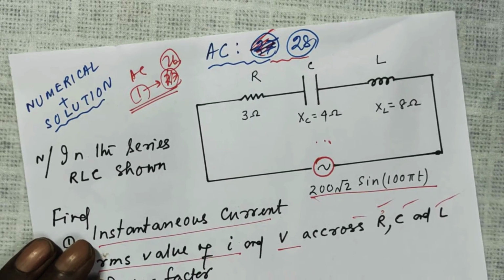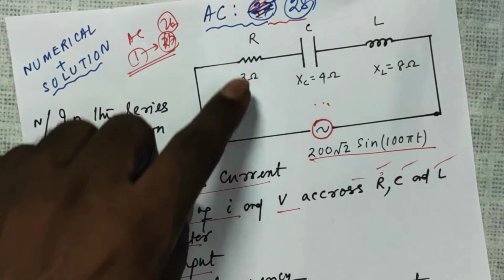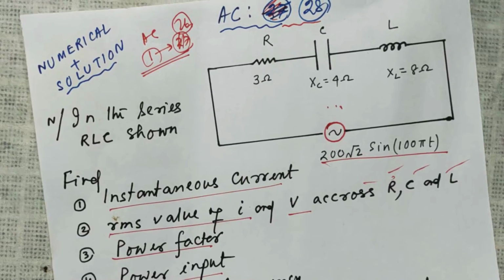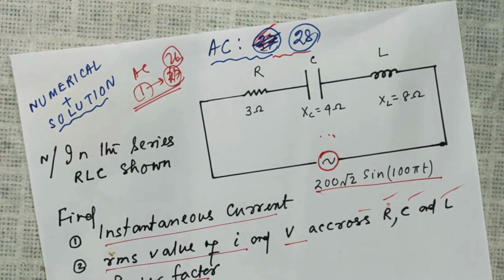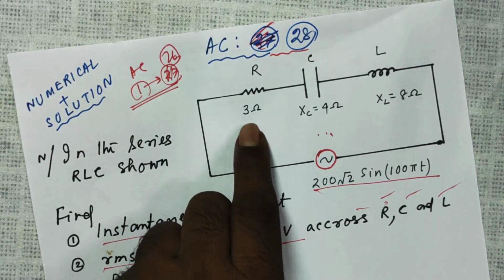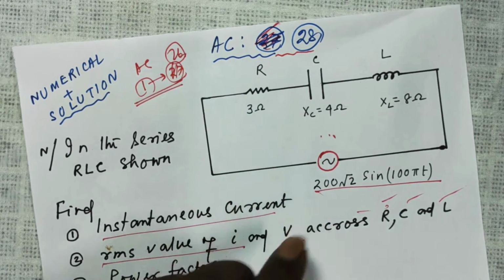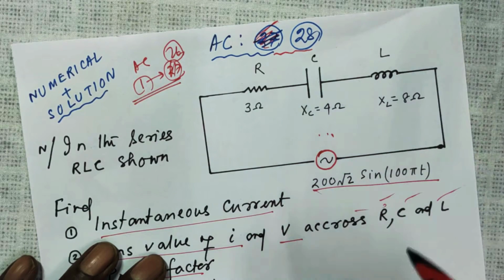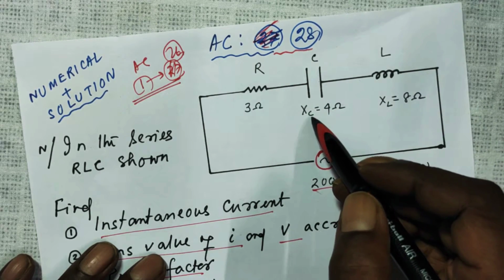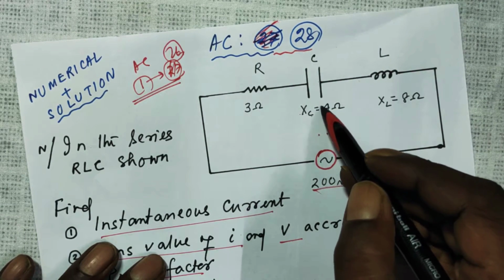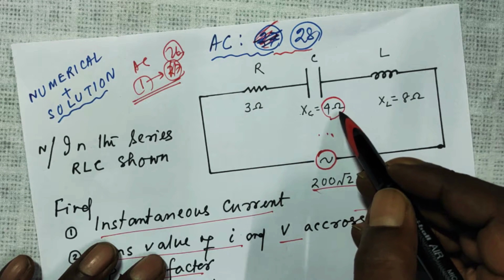Let us do this numerical, through this circuit diagram where the resistance is 3 ohm. Here is a capacitor whose capacitance is not known, but its capacitive reactance is known, that is 4 ohm.